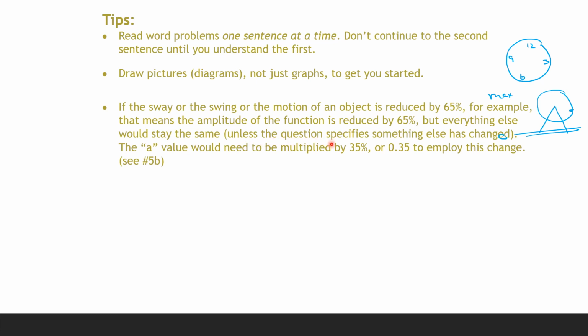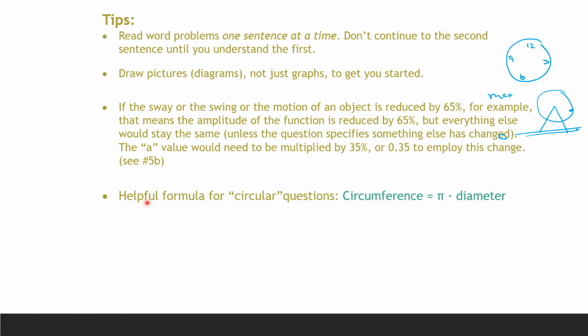So if the question says the amplitude has changed and the period has changed, you don't assume that. So the A value would need to be multiplied by 0.35, and you're going to have a question in your homework that's going to ask you something like that. If it's reduced by 65%, that means it's now at 35% of its original amplitude.